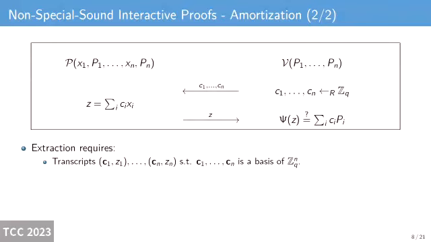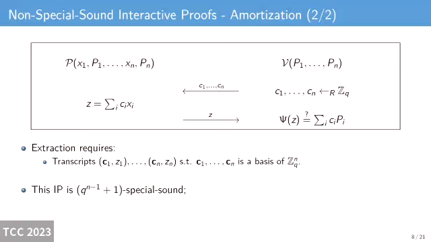So this is a very simple example, but what do you need to extract? You need a bit of additional structure. You namely need n different transcripts such that the challenges, c1 up to cn, the bold-faced ones, which are now actually vectors, form a basis of your challenge space Z_q to the power n. Now, if we try to capture this by the threshold special soundness notion that we know, we see that we require q to the power n minus 1, plus 1 transcripts to extract.